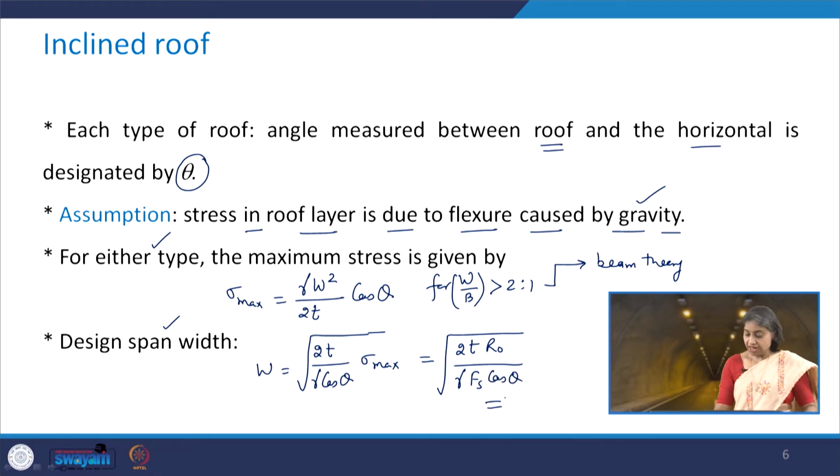So, this is how we are going to obtain the design span width in case we have the inclined roof, and this is for the situation when you have W by B more than 2:1.